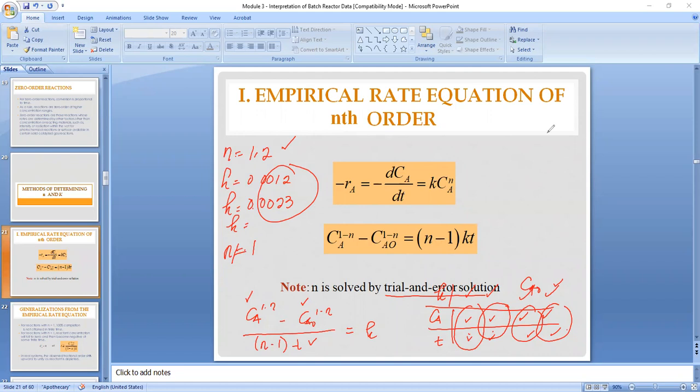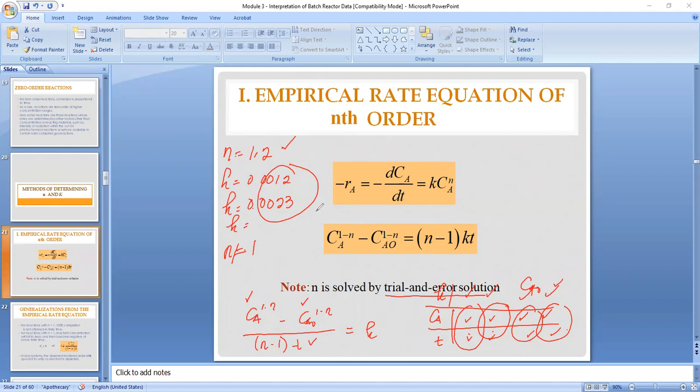Here, we don't limit it to whole numbers. You can even assign an n value which is negative and, at the same time, a decimal. Whereas if you do the guessing and the testing, you'll be limited only to 1, 2, 3 or 0. Whole numbers all of them. Am I getting my point?